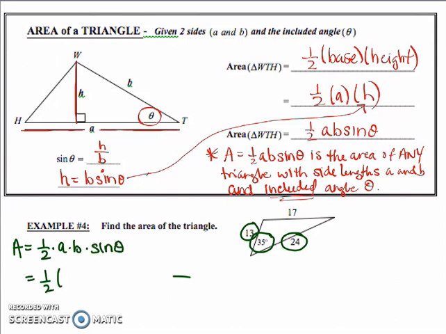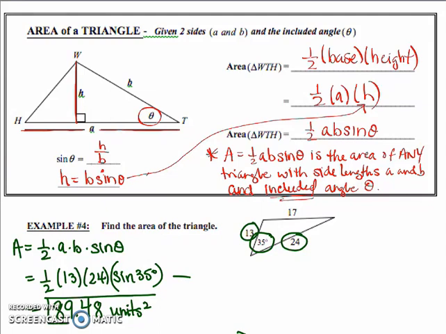So 1/2 times 13 times 24 times the sine of 35 degrees. You grab your calculator, make sure you're in degree mode. You plug that in and you get that the area is 89.48. Since we weren't given units here and we're finding area, we're just going to say that our area is in units squared. And that's it.